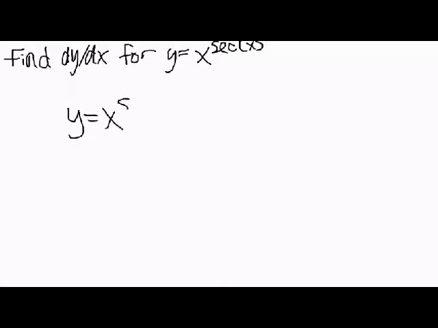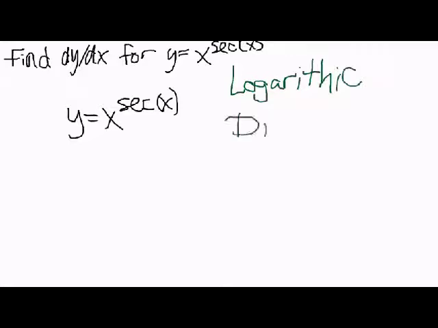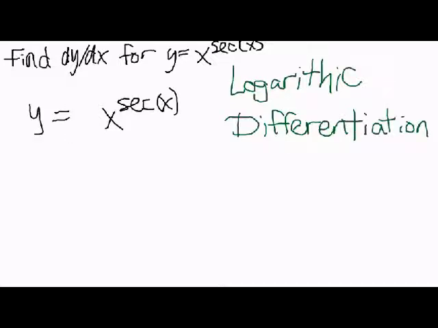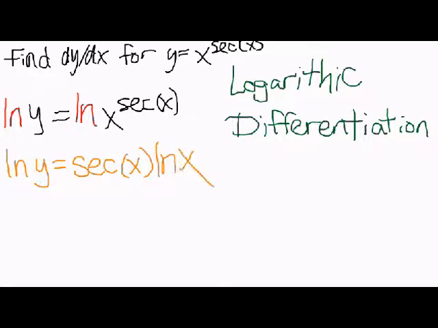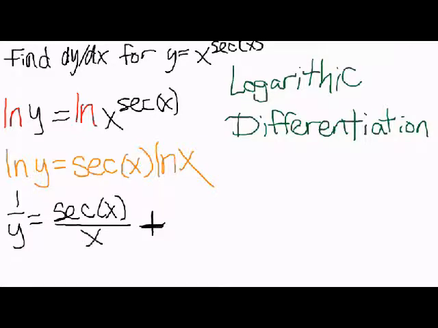In example 3, we must use logarithmic differentiation in order to find dy dx for y equals x raised to the power of secant of x. Now, in order to do this, we must take the natural log of both sides, and by the logarithmic property, we can move secant of x into the coefficient position.